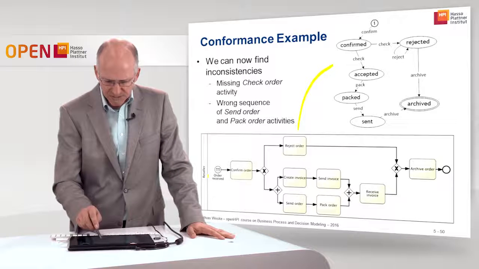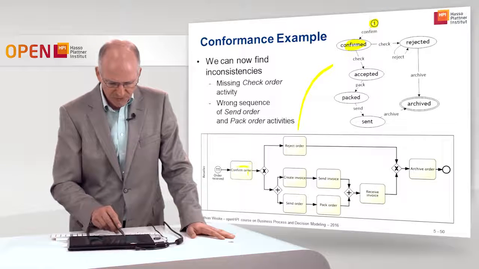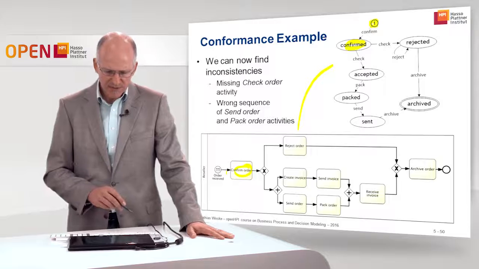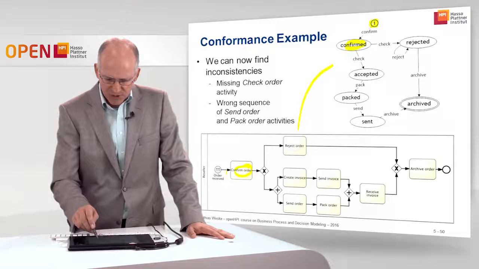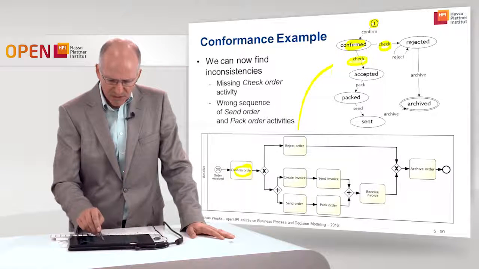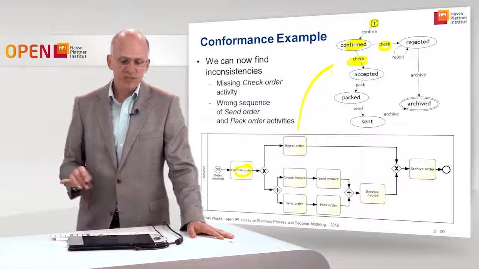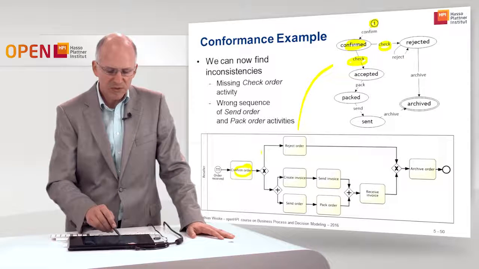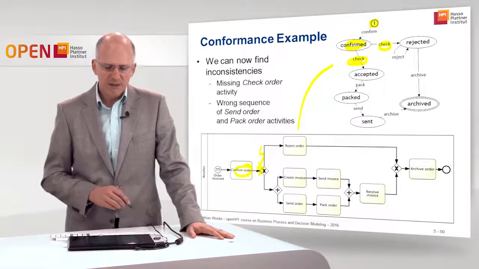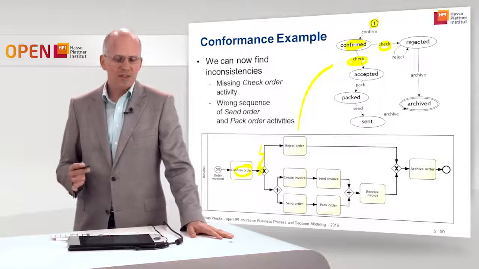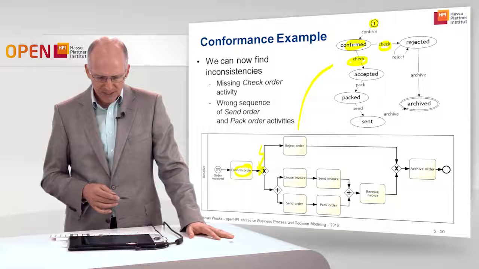First the data object is in the initial state, then the receipt is confirmed, so we have this confirm, yes, that works nicely. But then we have a check activity here, so then only a check activity can be performed, and we do not see this check activity in the process model. So here we have the first problem, that some check activity needs to be executed here.